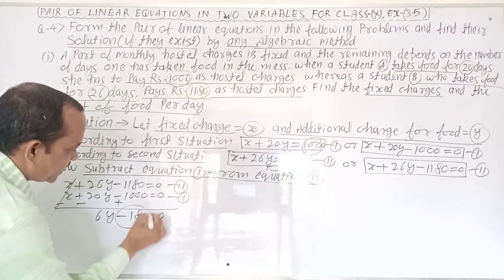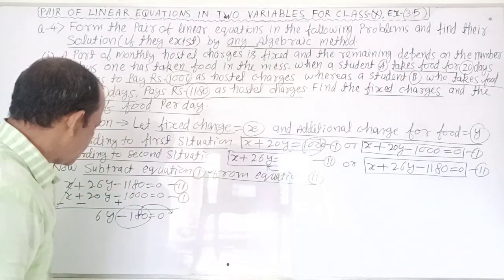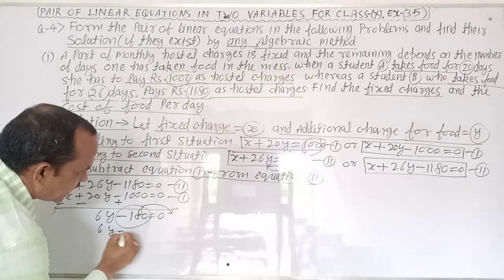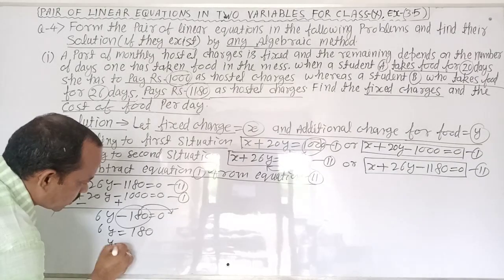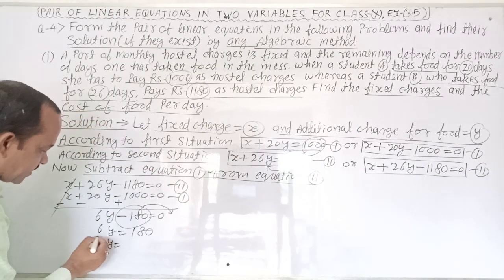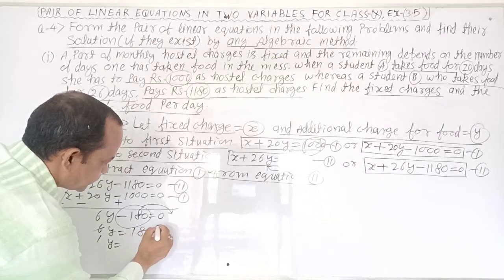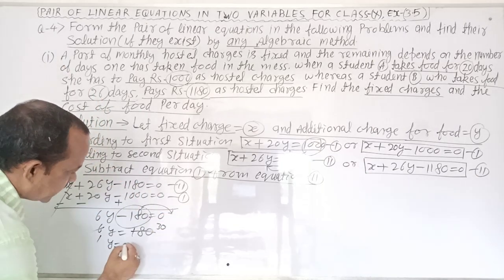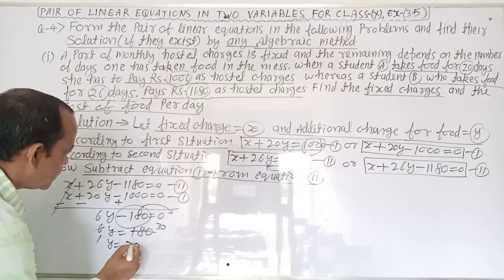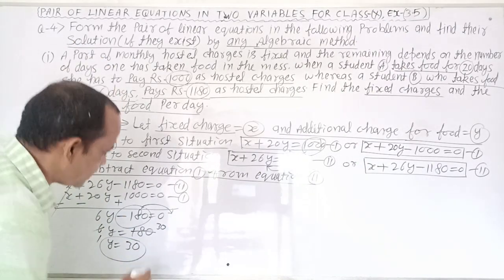Here you can write minus 180 on the right side of equal. It becomes 6y equal to 180. Y equal to, you can cut it. Here 6 1 is 6, 6 3 is 18, here 80. So y equal to 30. You find y equal to 30 rupees.